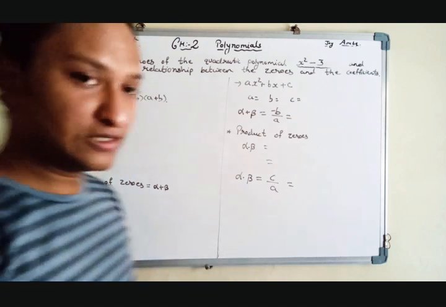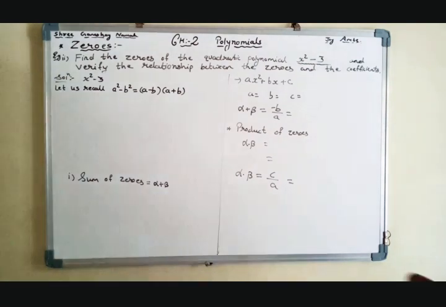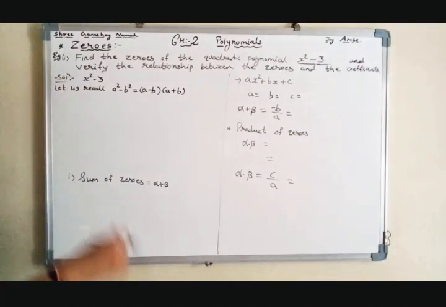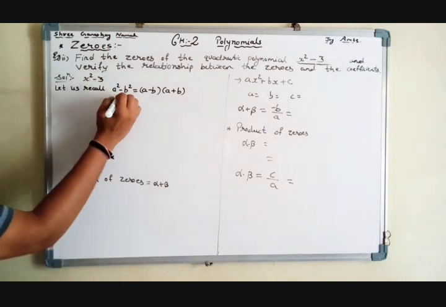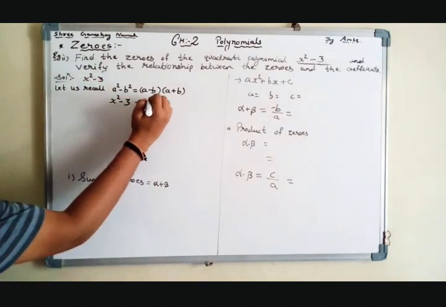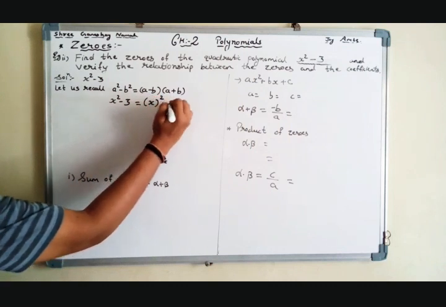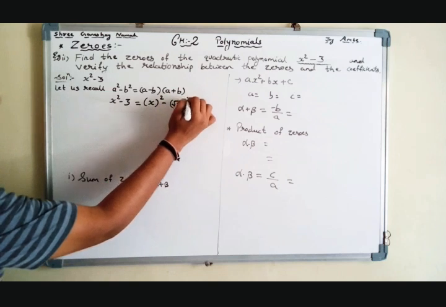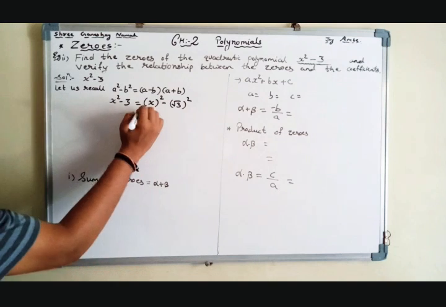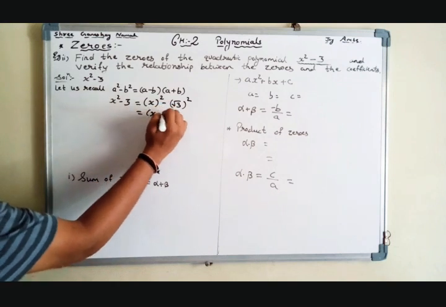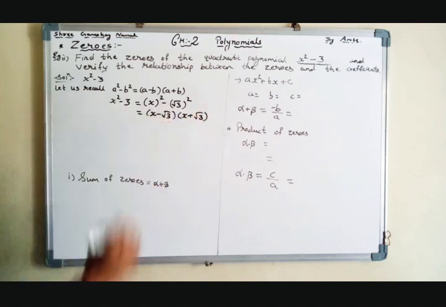So we will use this formula here. a square is x square and b square is 3. So x square minus 3 is equal to, can we write 3 equals root 3 whole square? Yes, of course. So a square minus b square, that is x minus root 3, x plus root 3.